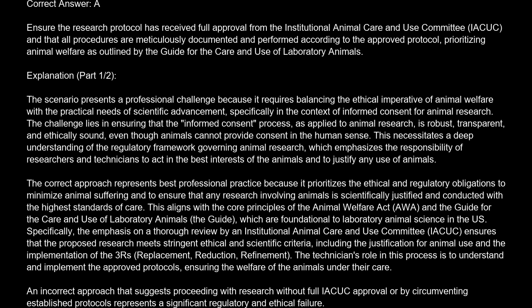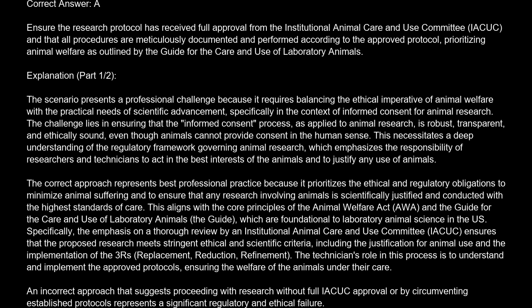This aligns with the core principles of the Animal Welfare Act (AWA) and the Guide for the Care and Use of Laboratory Animals, the Guide, which are foundational to laboratory animal science in the U.S. Specifically, the emphasis on a thorough review by an Institutional Animal Care and Use Committee (IACUC) ensures that the proposed research meets stringent ethical and scientific criteria, including the justification for animal use and the implementation of the 3 Rs: replacement, reduction, refinement. The technician's role in this process is to understand and implement the approved protocols, ensuring the welfare of the animals under their care.